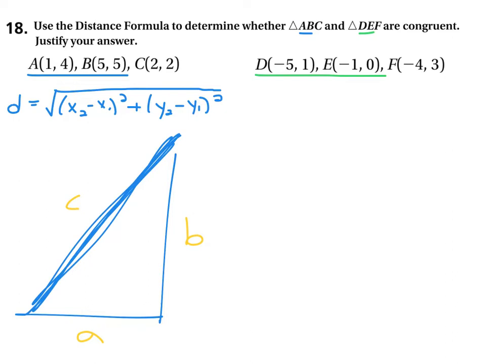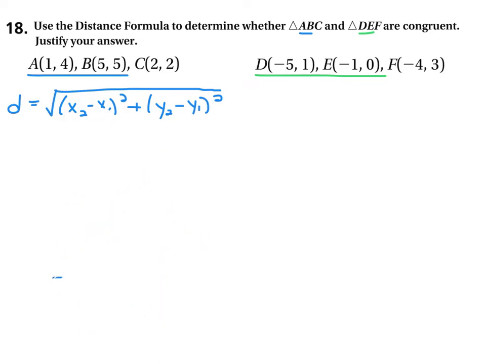Since that equals c squared, by square rooting we can say the square root of a squared plus b squared, or the square root of the horizontal change squared plus the vertical change squared, will give us the length of the distance between these 2 points. So we just have to plug in the coordinates and see what we get.